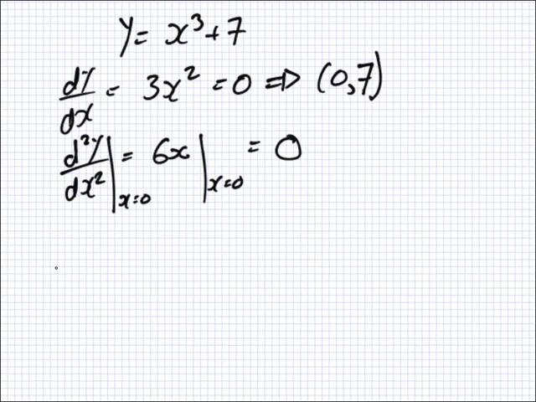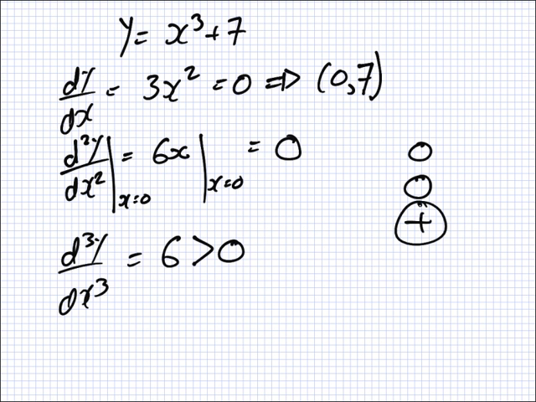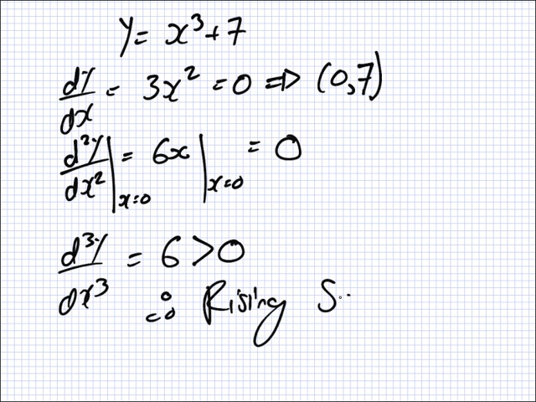We have to calculate a third derivative. And the third derivative here will be 6, which is positive. So in situations where we have a 0 and a positive, the flow chart brings us to rising saddle. So therefore, it's a rising saddle.